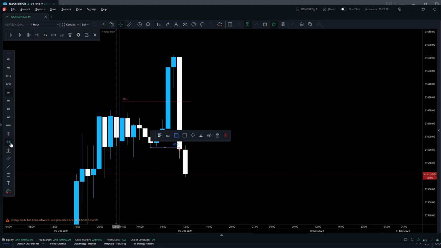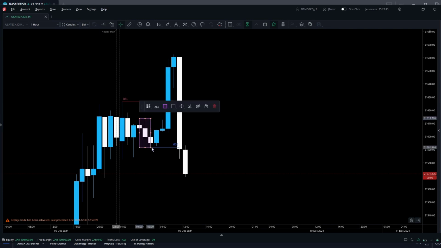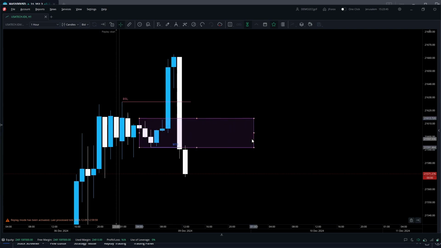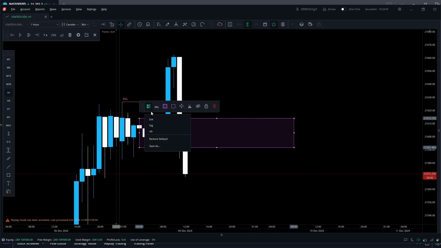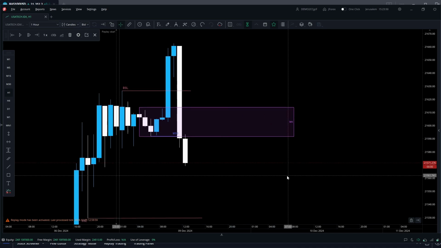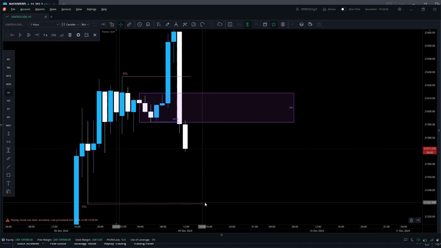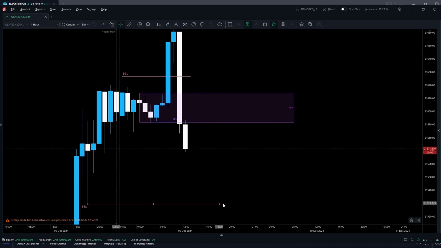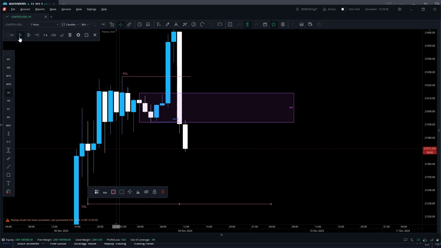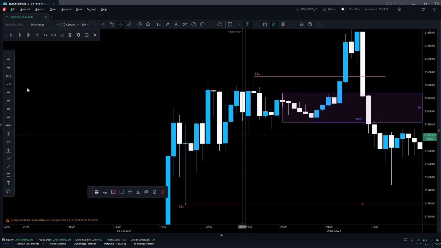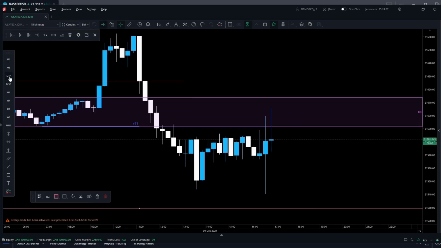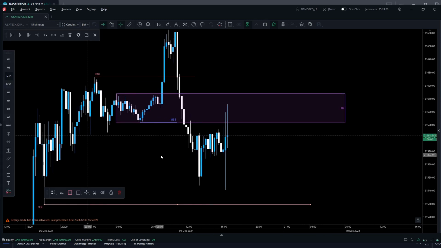We are marking out our breaker block from the top to the bottom of the wick. That's our breaker block. So we look for entries once we see price retrace into that breaker block.